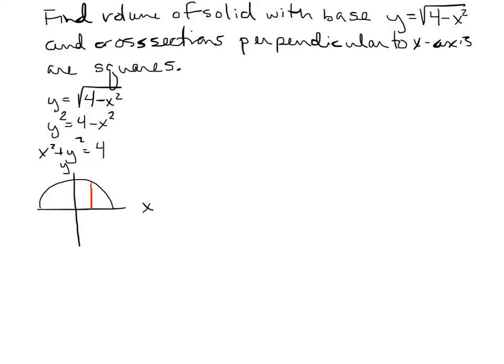So if I looked at this thing sideways, the red cross section, it would look like that. You can pick any side of this, where that side of it is right there, and the other part of the square is coming up out of the paper, out at you. Okay. All right, we need area.